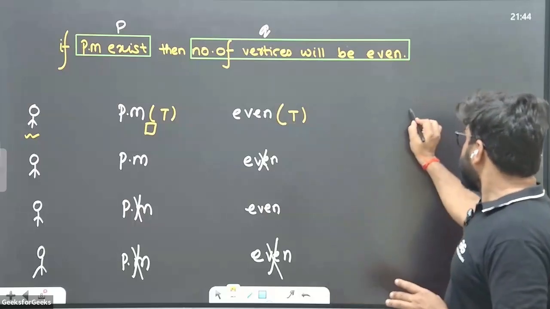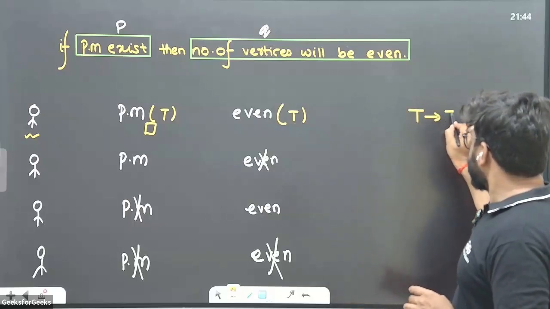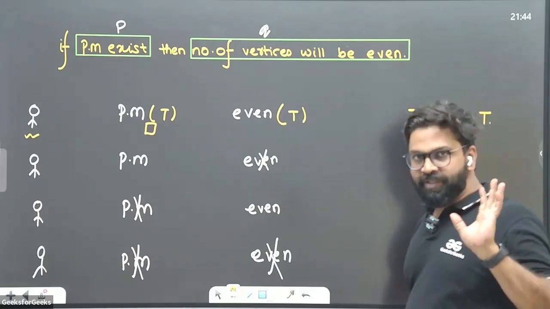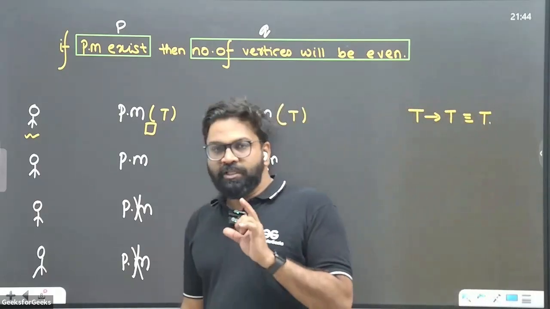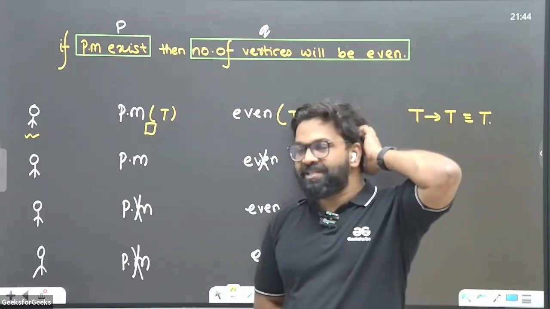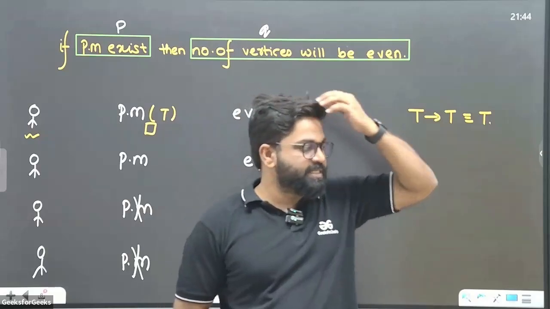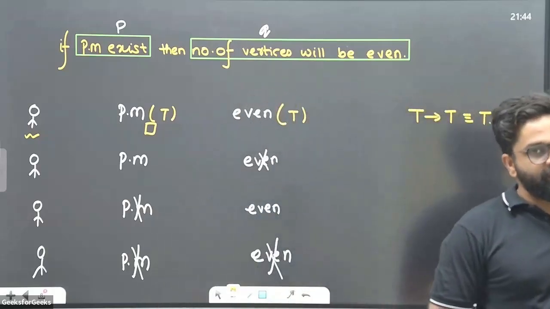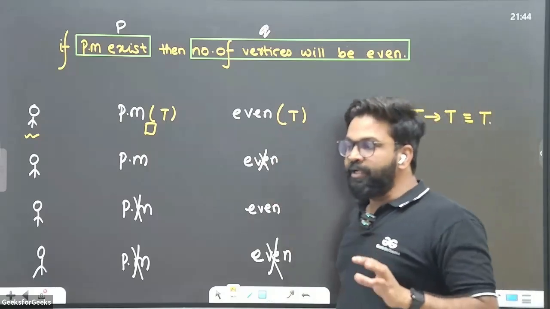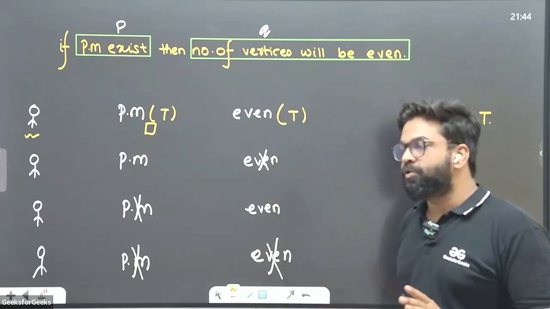So this person is saying that true implies true, and you get true, right? This is the first person. What is this first person doing? He is considering that the statement is true where the perfect matching exists, and then the second point, where the even number of vertices is also true.